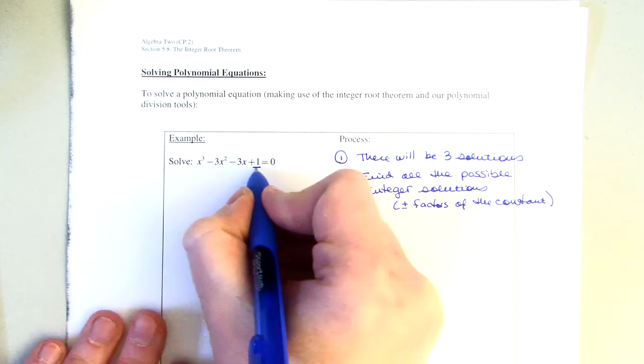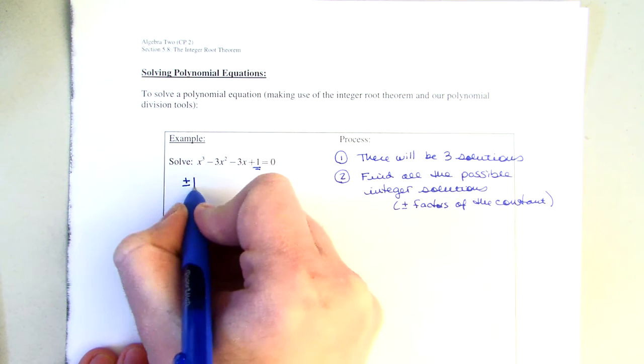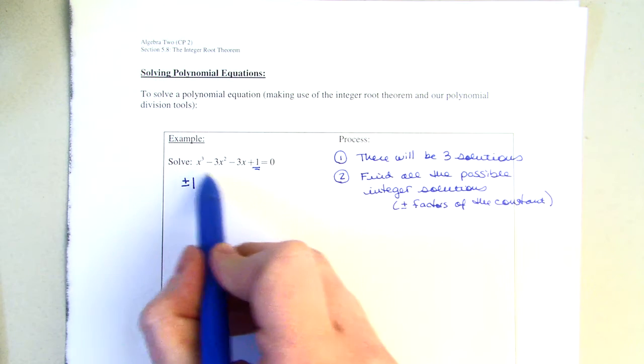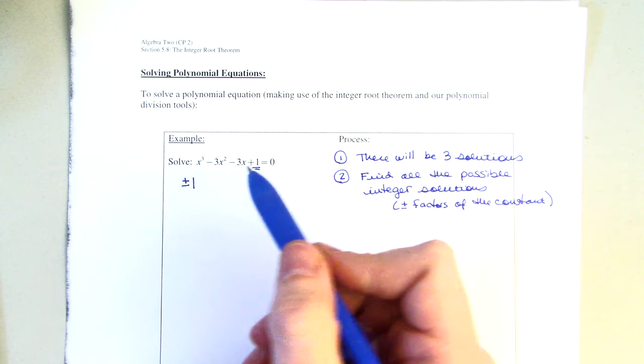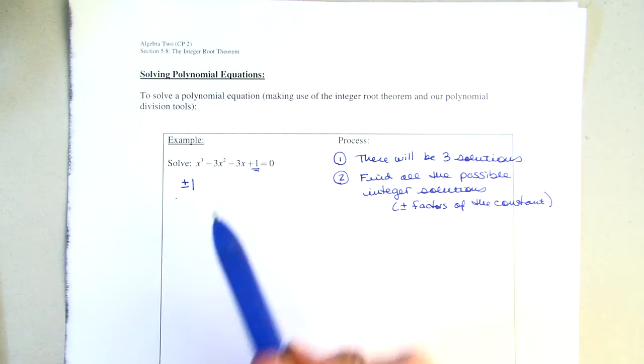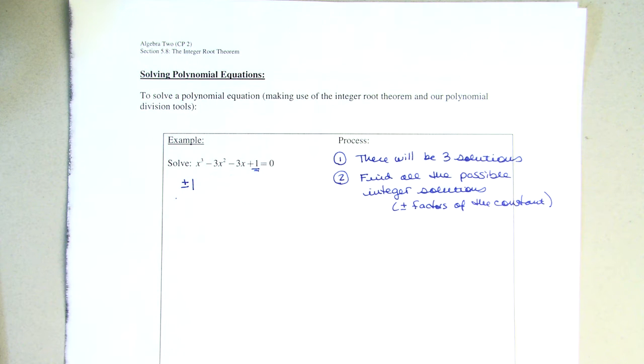In this case, looking at 1, that means my possible integer solutions are 1 and -1. What I'm ultimately going for with trying to solve something like this is, you know how to solve an equation like this if I tell you an answer. That's what we did yesterday in section 5.7. If we could just figure out one answer, then we can do what we did yesterday. And we have 2 possibilities that could be answers, 1 and -1. I just need to figure out if any of these are actually solutions.